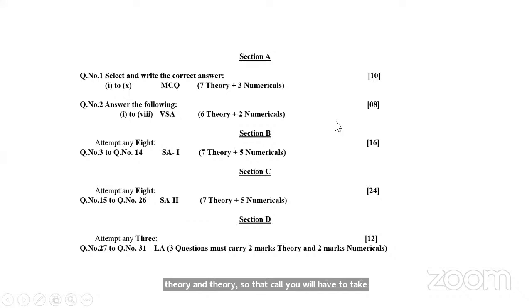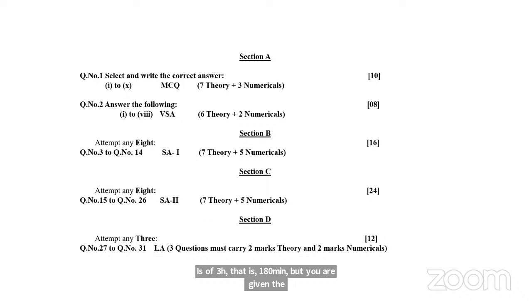Now here I would suggest that, as you all are aware of, the time allotted for your theory exam is 3 hours, that is 180 minutes. But you are given the question paper 10 minutes before the actual time starts.